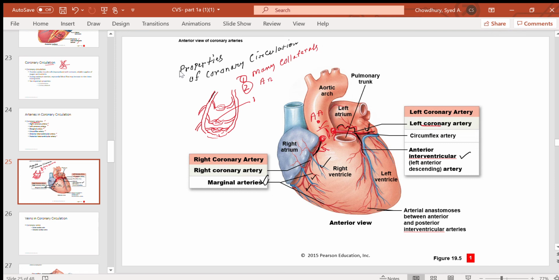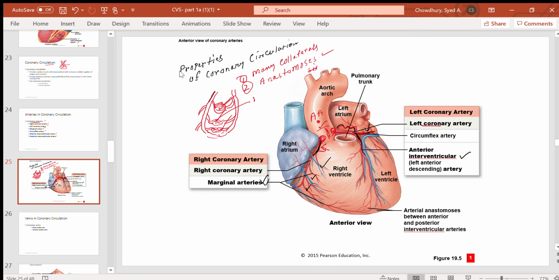Anastomosis is singular, since many are anastomoses. If I just only indicate one, this is an anastomosis. Since there are many, we'll say anastomoses. Okay, so these are two important properties of the coronary circulation.